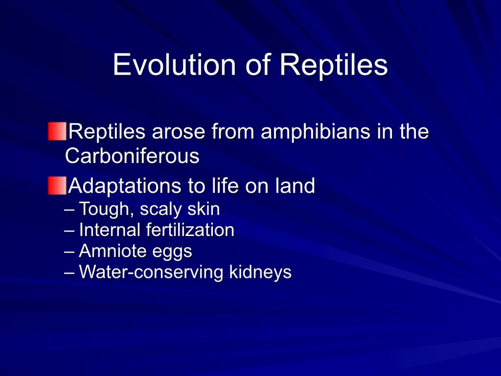A low temperature egg will result in a male, and a high temperature egg will result in a female. So if some eggs are laid in the shade and they're cooler, the turtles born will be male. If the eggs are laid in the sun and they're nice and warm, they will be females. What's interesting is that when we look at the order Crocodilia, the crocodilians and the alligators, they are the opposite.